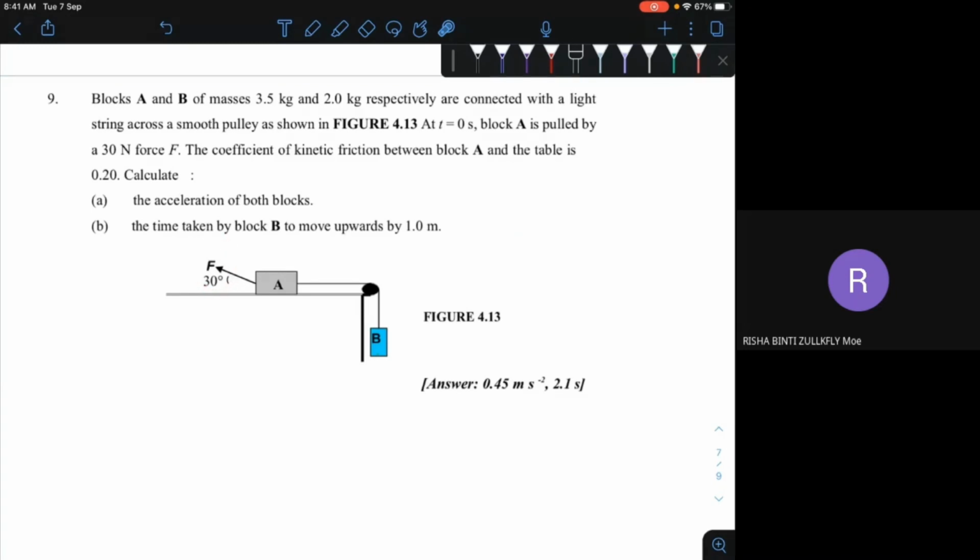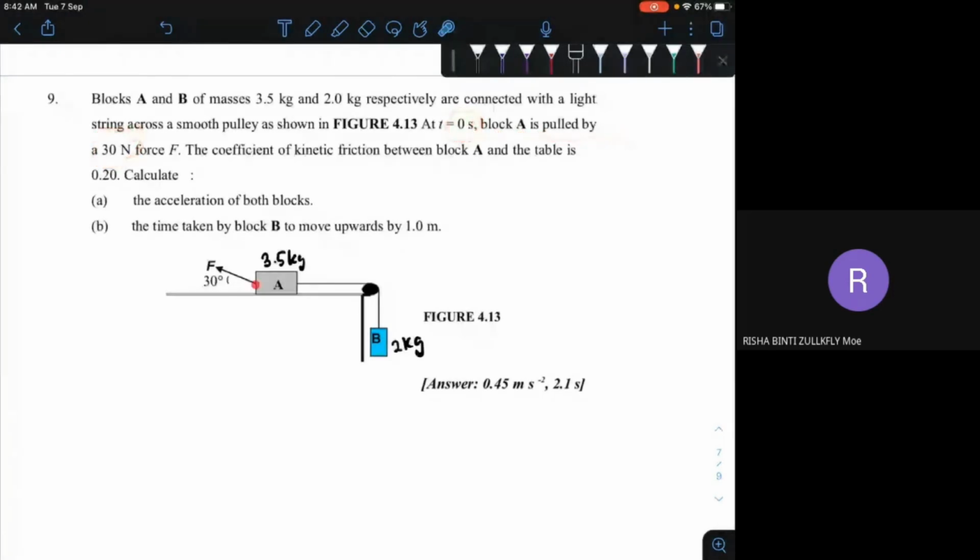So you have block A and block B of masses 3.5 and 2 kg respectively are connected by a light string across smooth pulley. Okay, so ini adalah yang 3.5 kg. Ini adalah 2 kg. At t equals 0, block A is pulled by a 30 Newton force.